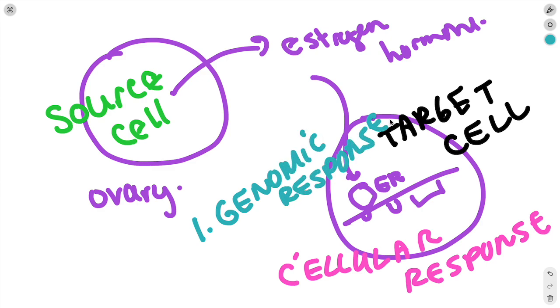And that's referring to the genome, and it's referring to new gene expression. We'll especially use examples of that, where the target cell is going to change its expression of genes.